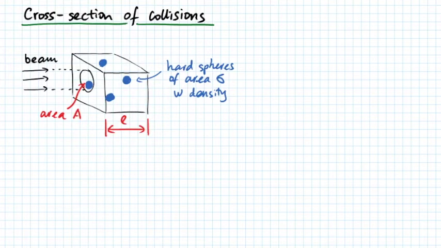We can recognize that the probability is simply given by the ratio of the area covered by the spheres and the beam area.